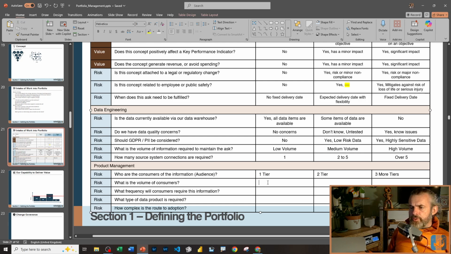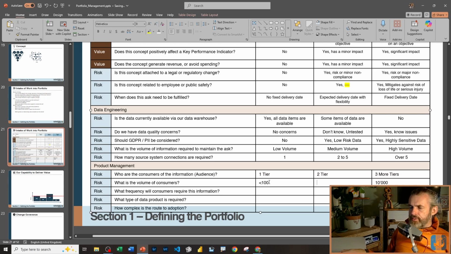What's the volume of the consumers? Again, might be relevant to your organization, but let's say, with Big House that we were looking at, I think it had 10,000 employees. So the most high risk would be 10,000 employees, and low risk would be less than 100.